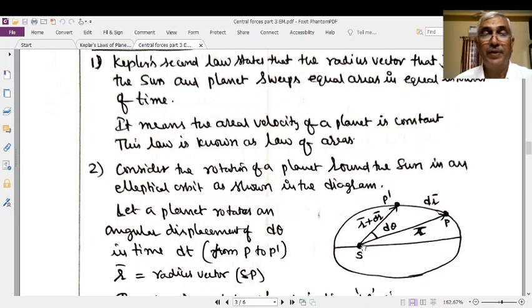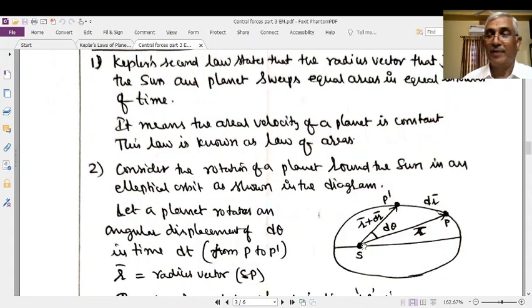It means the areal velocity of the planet is constant, and the velocity is adjusted so that the areal velocity is constant. Areal velocity means dA by dt is constant. This is what is known as Kepler's second law, also known as the law of areas.